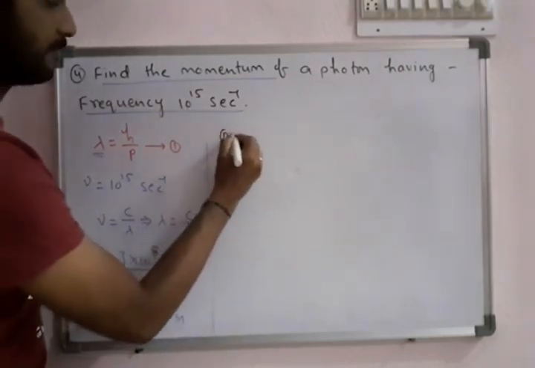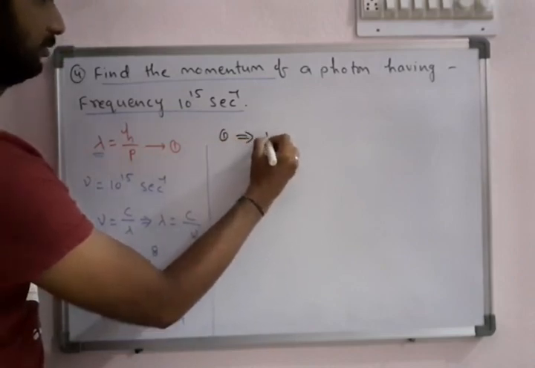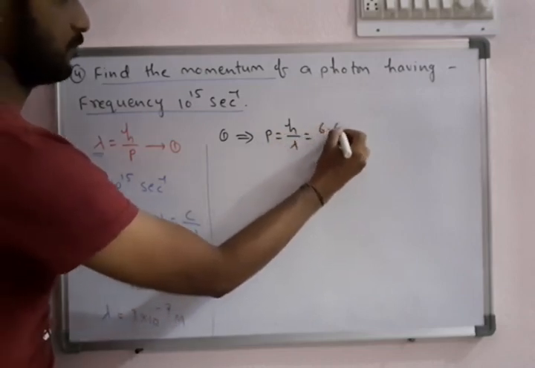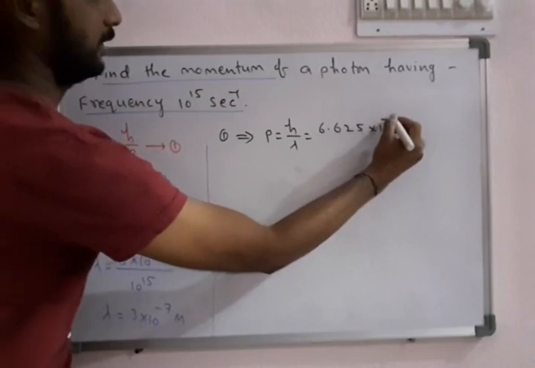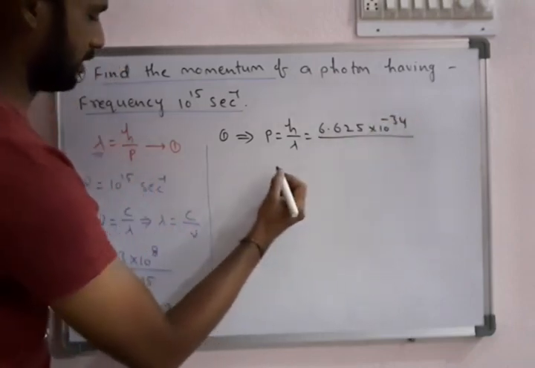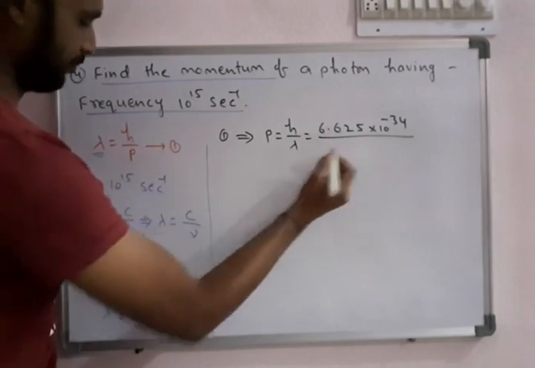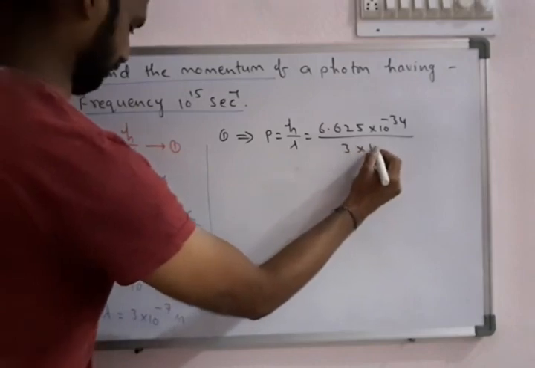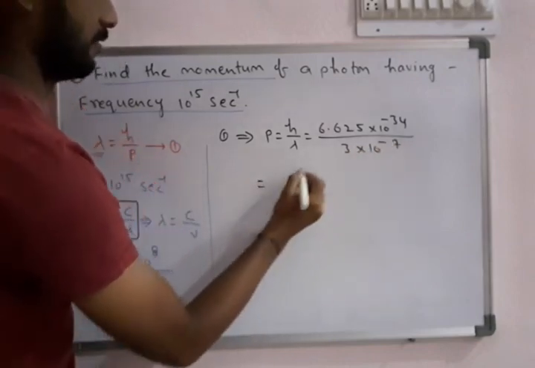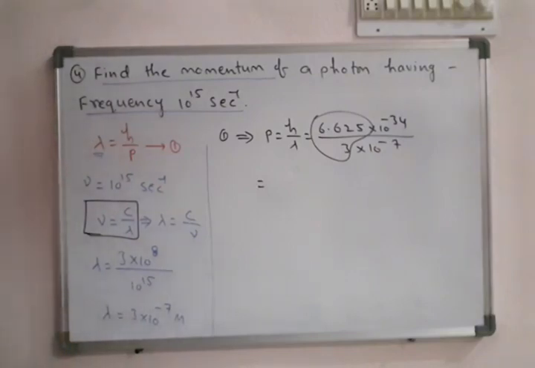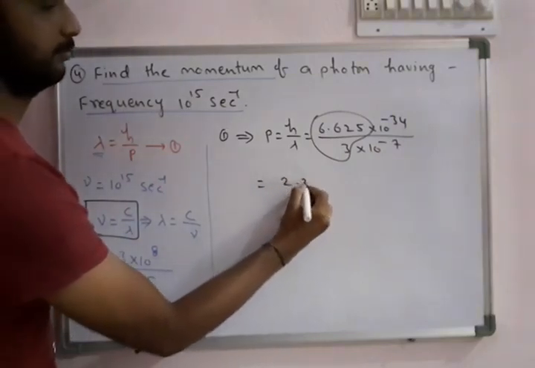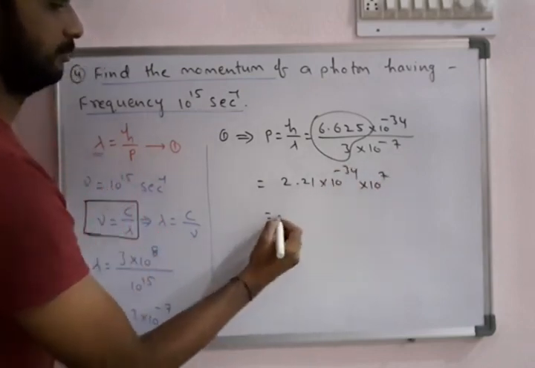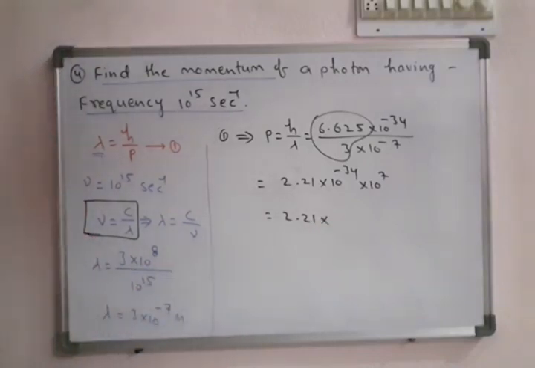By substituting in equation 1, p is equal to h by lambda. The h value is 6.625 into 10 power minus 34 joule second. The lambda is what we calculated with the help of this formula. Minus 27. So this value approximately gives the momentum.